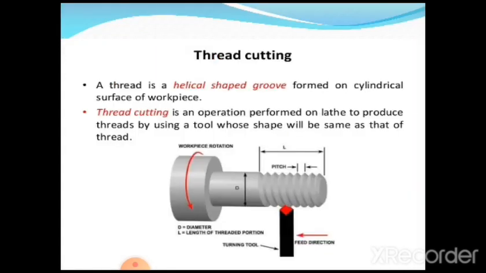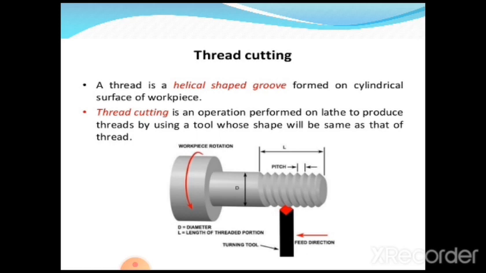So the next concept is the thread cutting operation. This is a very, very important point to be noted here. Just as we have shown in the figure, the workpiece is made to rotate as usual in a headstock chuck, and the original diameter D, which I have told, is also called the major diameter or the nominal diameter of the workpiece, on which we want to cut the thread of a particular pitch value.